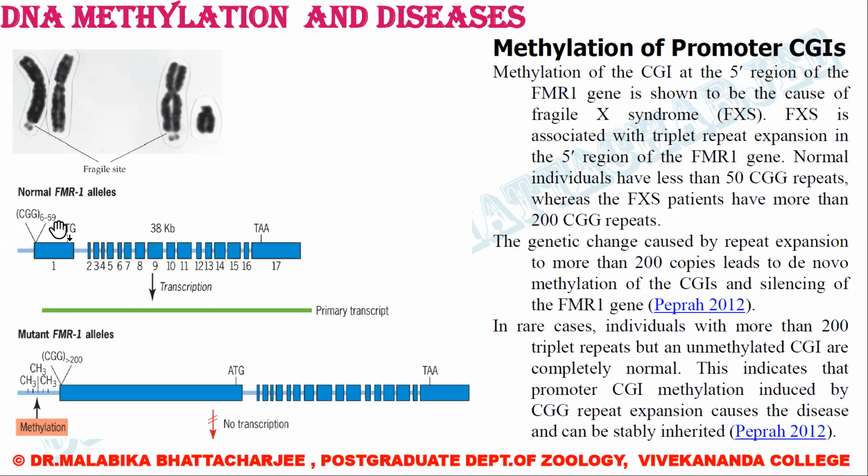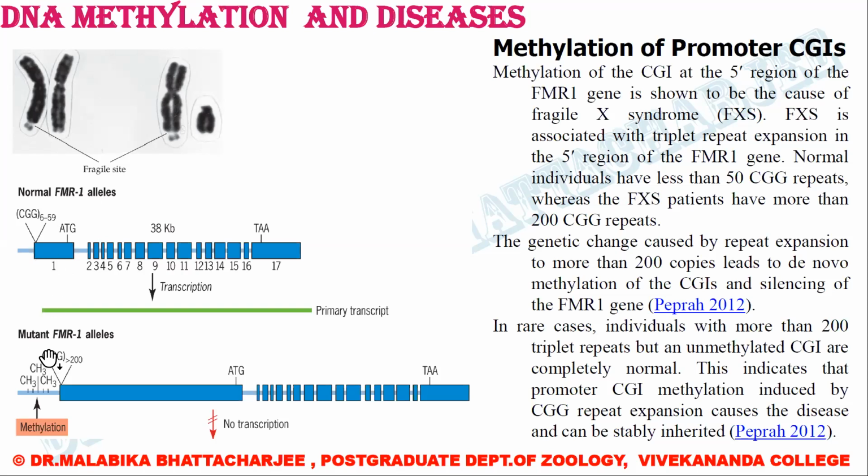That is normal. The island is normally unmethylated, because I told you that in most cases, the CpG islands are protected from methylation. And I had given you in the morning an example that some DNA binding proteins having a CXXC motif can bind to such unmethylated islands and protect them. So this is basically an unmethylated island and it's protected.